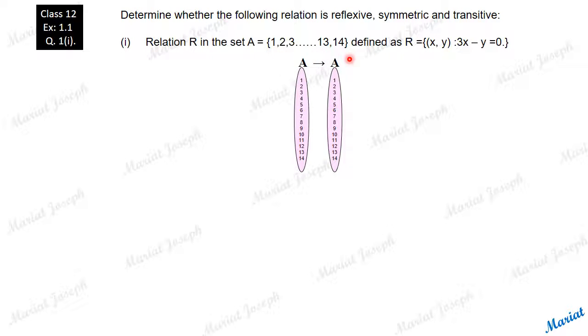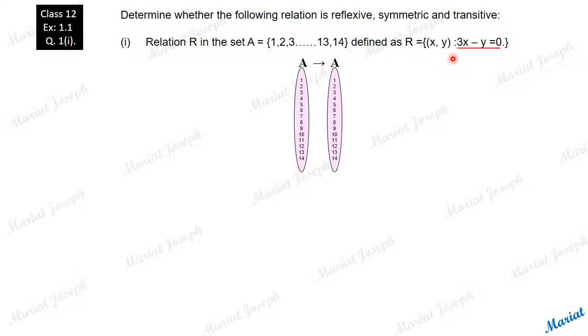is defined as R equal to ordered pairs (x, y) such that 3x minus y is equal to 0. As we know, any relation in set A is a subset of the set of all ordered pairs from A to A, which is called the Cartesian product or cross product of A and A. Now, which elements can be included in this subset?